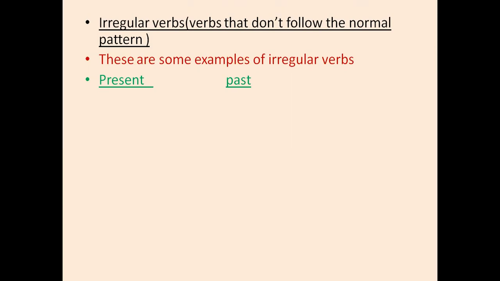These are some examples of irregular verbs. So we have some verbs in present and how we change them in past, or what are the past forms of them, such as the verb be in present. The past form of be is was or were. Give, the past is gave.